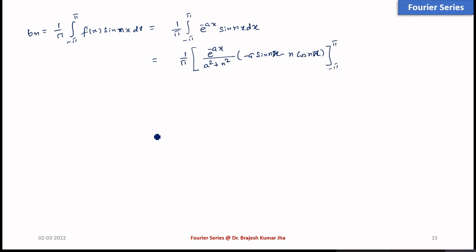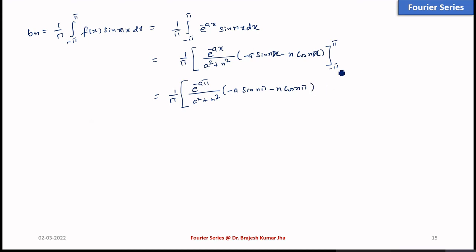So once we put the limit, 1 upon pi is the common, e to the power minus a pi upon a square plus n square, minus a sine n pi minus n cos n pi.